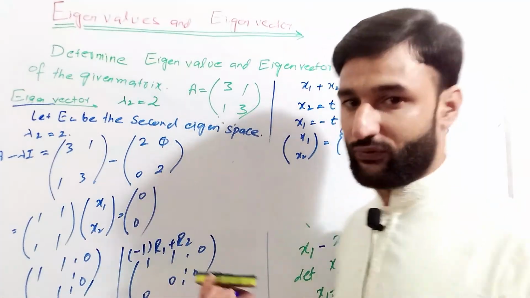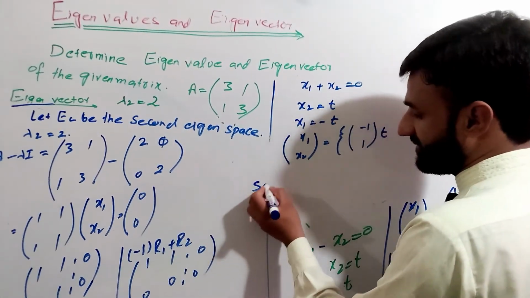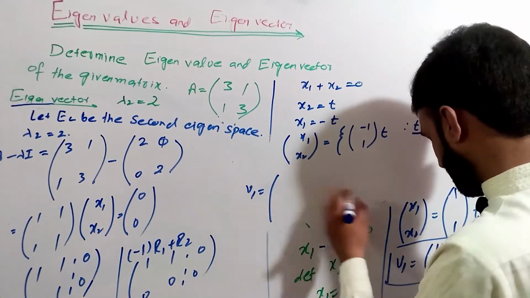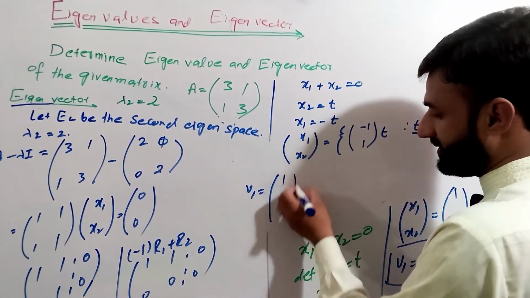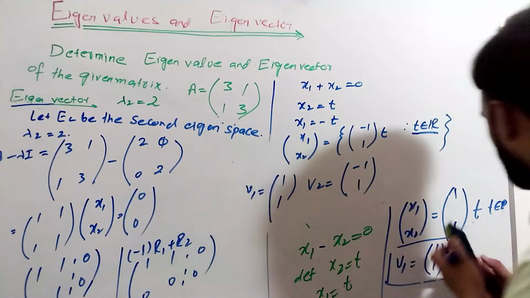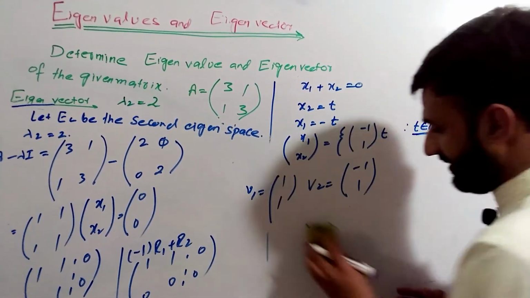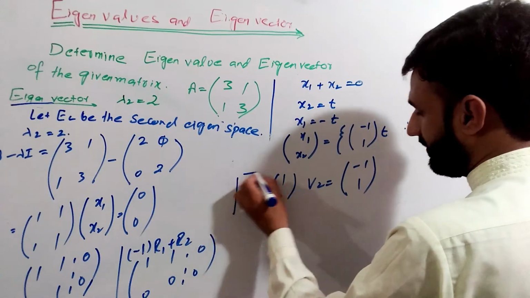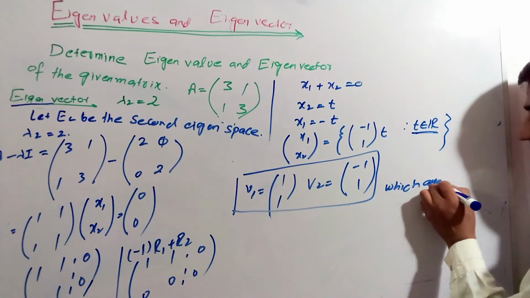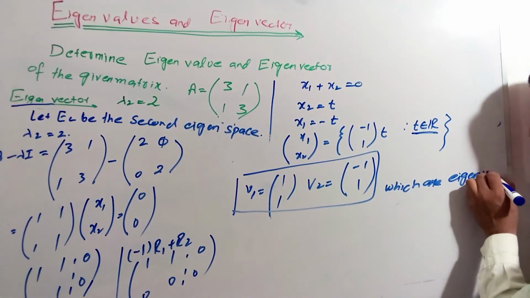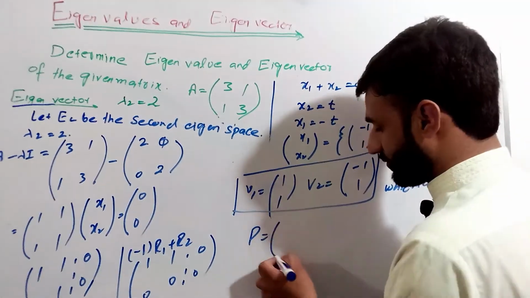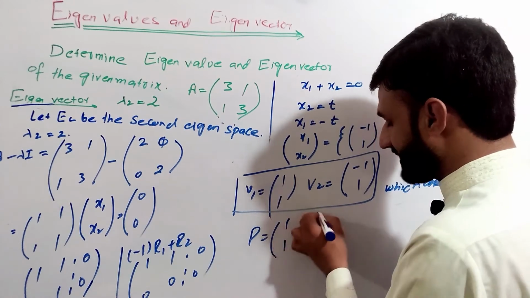So we have obtained the vectors. v1 is the first eigenvector, that is (1, 1), and v2 is equal to (minus 1, 1). These are the required eigenvectors. We can also write them in the form of matrix P, which is 1, 1, negative 1, 1.